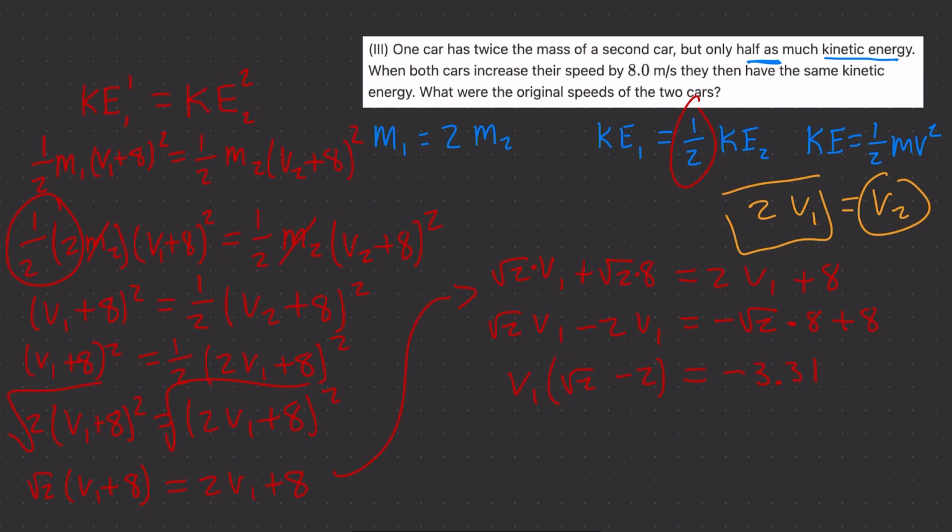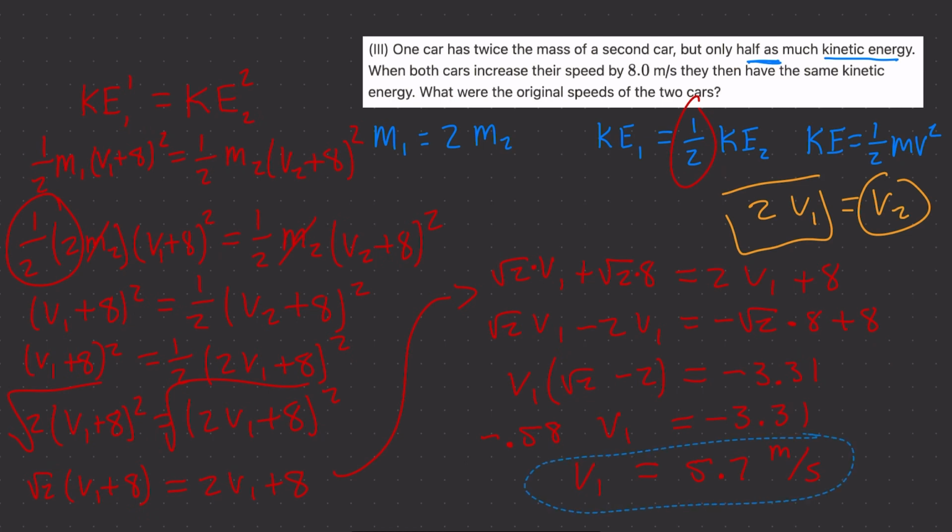And then that root 2 minus 2 is equal to negative 0.58. If we divide both sides by that negative 0.58, we'll get that V1 is roughly equal to 5.7 meters per second. All right, so that's our first answer.